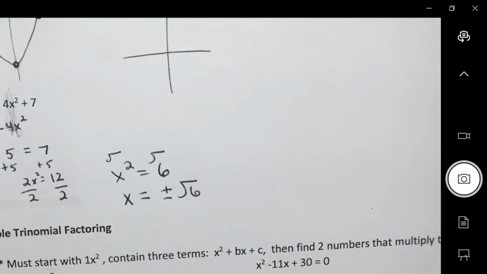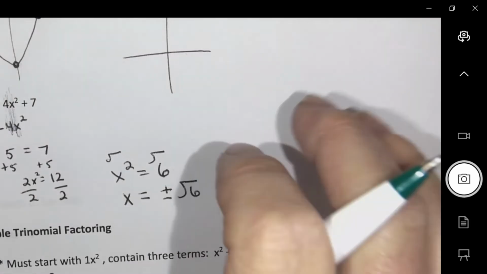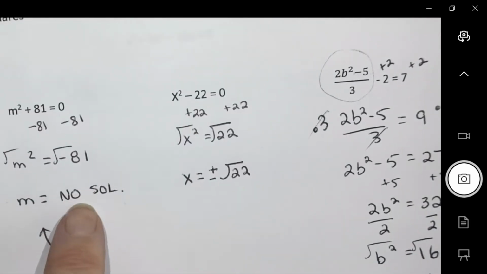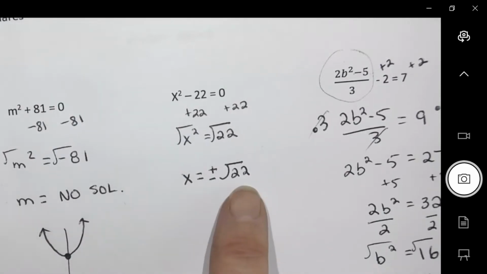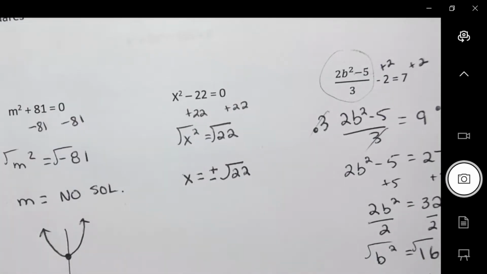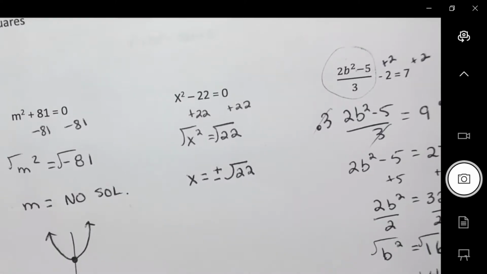I'm going to leave it because it's a decimal and I don't want to write a decimal. Okay, so that is isolation. So I made sure I did an example where sometimes you're going to run into no solution. Sometimes you're going to run into numbers that don't square root. Sometimes you're going to run into numbers that do nicely square root.